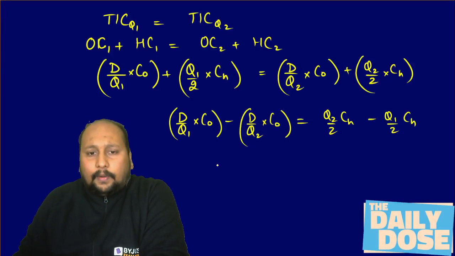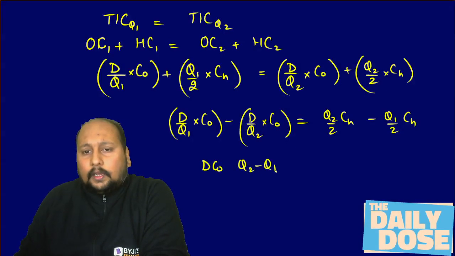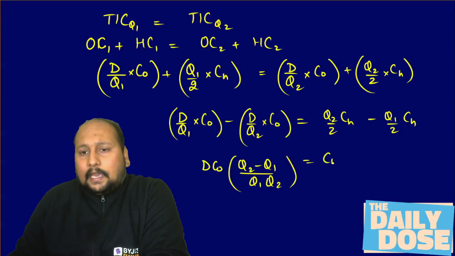Taking some common parameters, we can say D CO into (Q2 minus Q1) divided by Q1 into Q2 is equal to CH by 2 into (Q2 minus Q1).